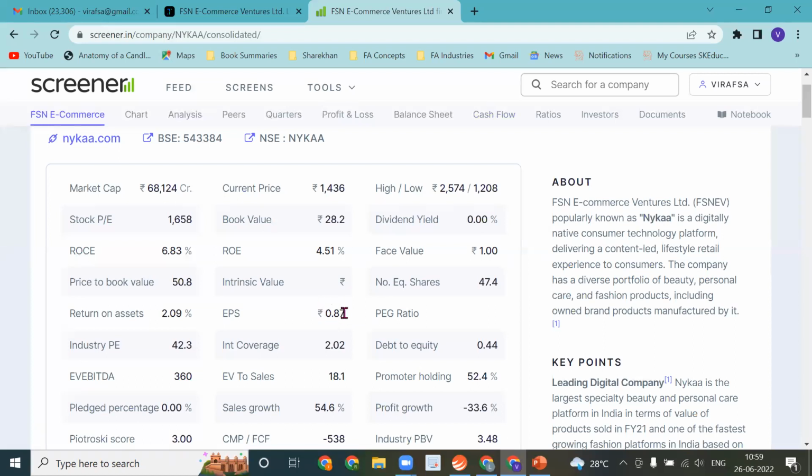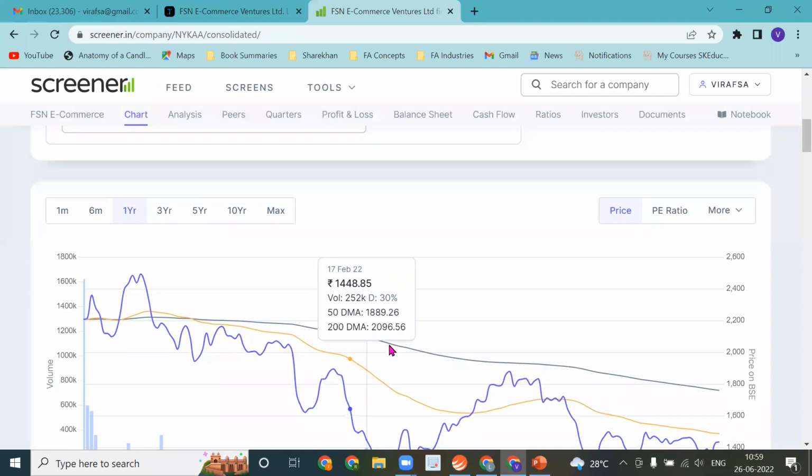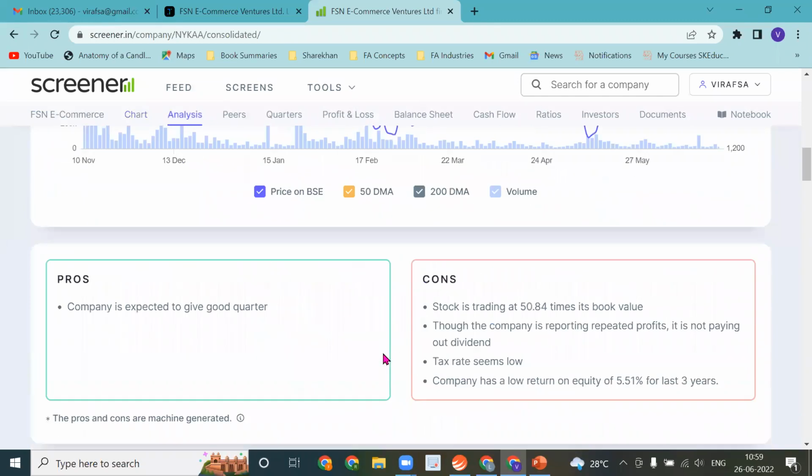Earnings per share hardly anything. Promoter holding is good. Sales growth is good. Piotroski score is bad. CMP, FCF, free cash flow is bad. So I will not go for this stock, but many people are buying this stock because they expect, like Zomato, Policy Bazaar, then Paytm, they expect future earnings to be good.